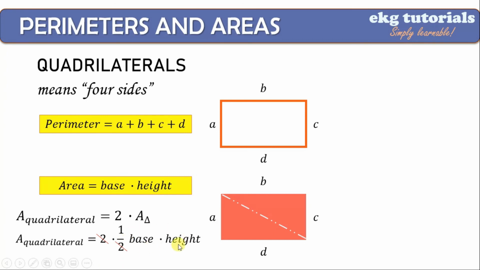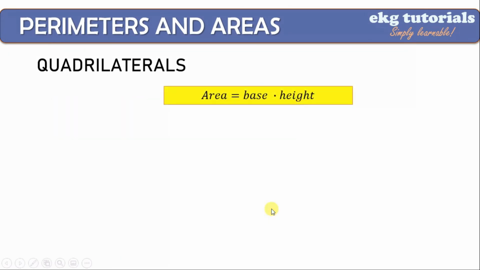That is why the area for a quadrilateral is this one: just multiply the base times the height. In this case, the area of this quadrilateral is just D times A, or, since A is equal to C, D times C.